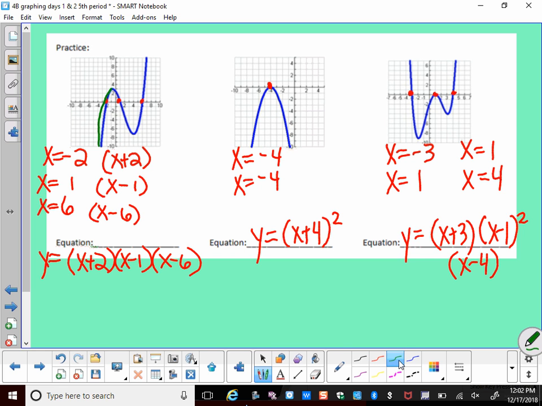And if I look at my graph, I am decreasing, so what do I need? I need a negative up front, because it's going down. Does that make sense? You all remember some of this from earlier, Unit 1 and Unit 2?